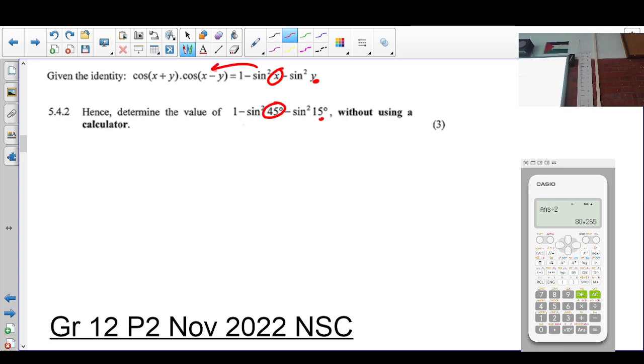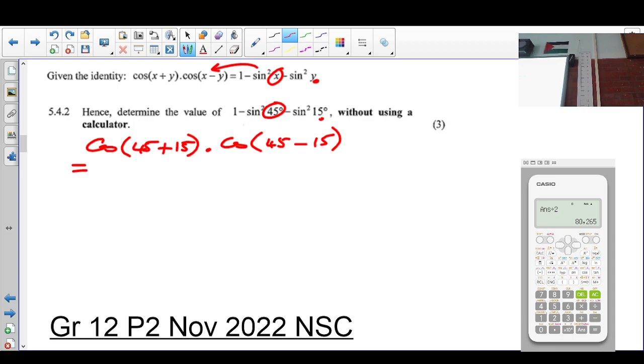So you're going to work on the other side, of course. So it's going to be cos(x, which is 45, plus y, which is 15), times cos(x, which is 45, minus 15). You see that?